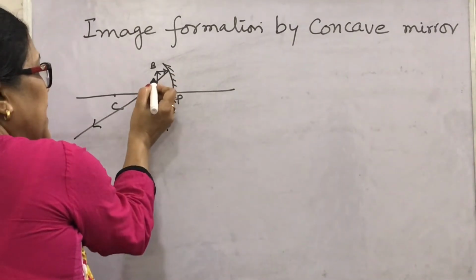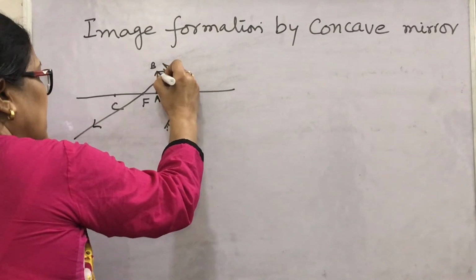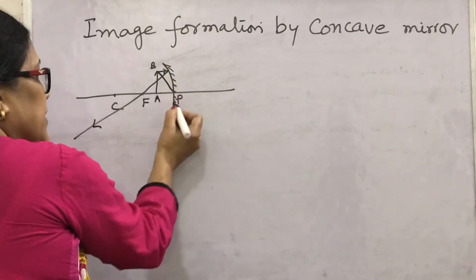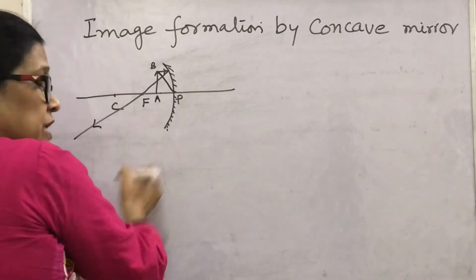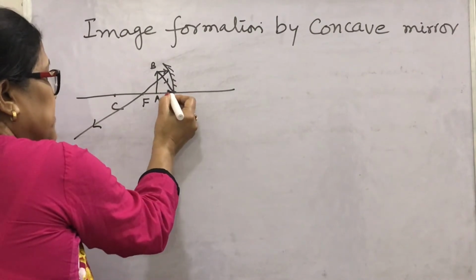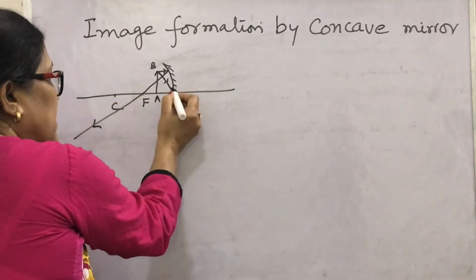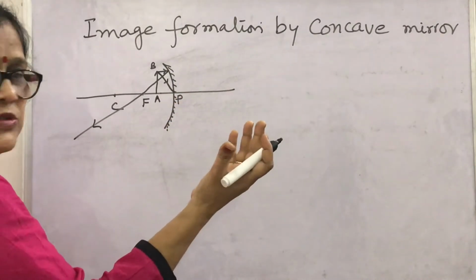So, you can take another ray from the object at a certain angle, it will strike at P, this principal axis. Because this incident ray is making this angle from the normal, at the same angle it will be reflected as per the rules of reflection.